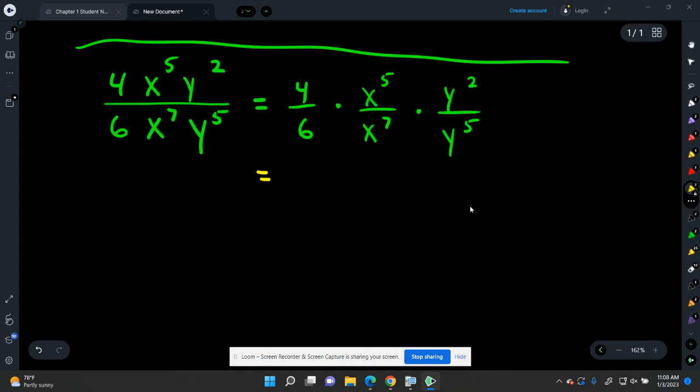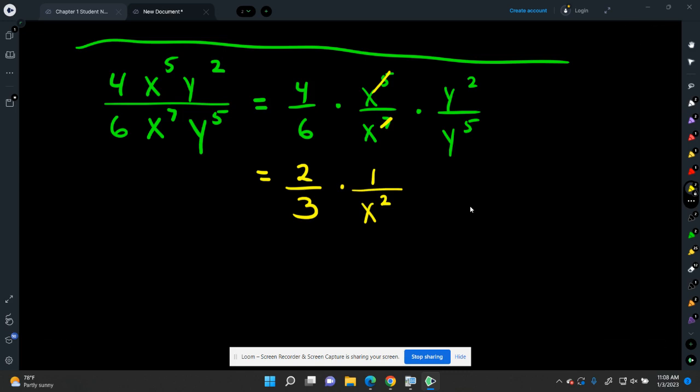First of all, we got 4 over 6. What does that equal? 2 over 3. So 2 over 3 times. Now I've got x to the 5th over x to the 7th. That means I have 5 x's on the top and 7 on the bottom. These 5 x's will cancel 5 of these x's, leaving me with 2 on the bottom.